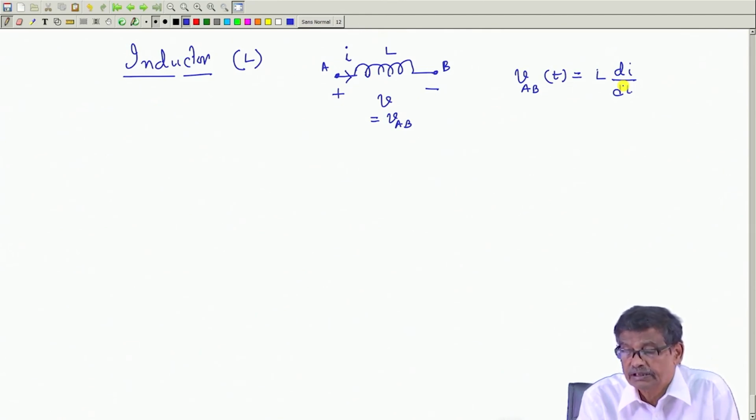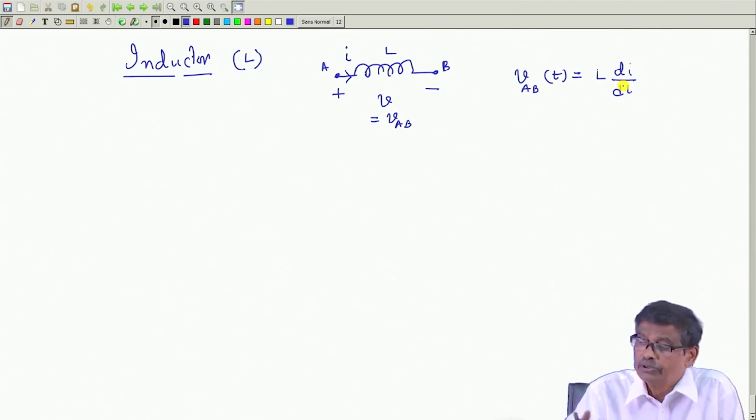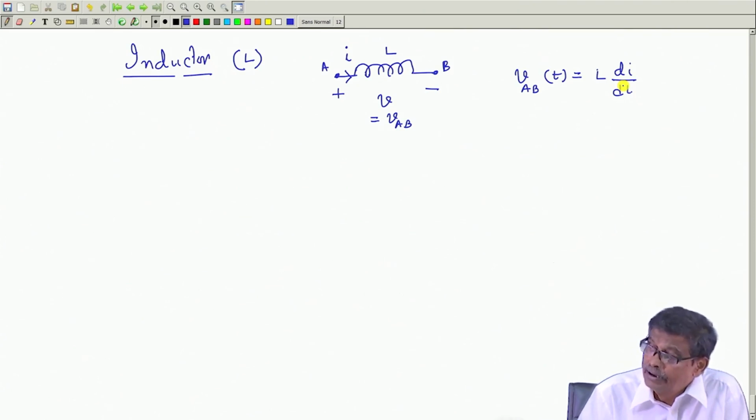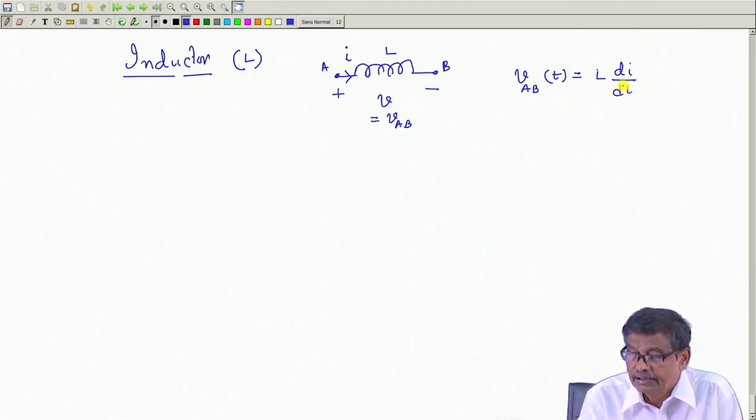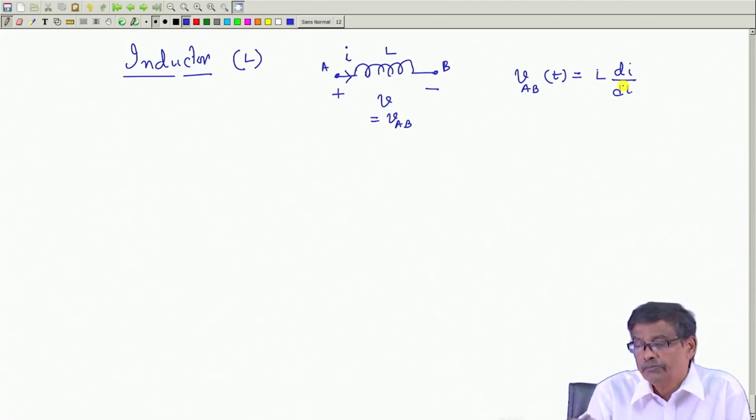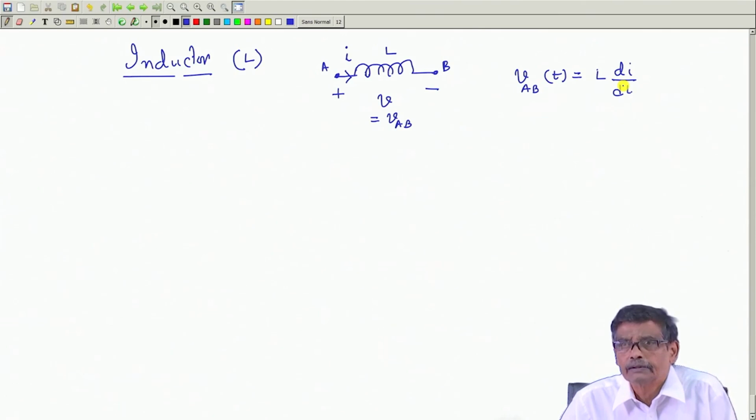Or if this is plus minus, we are assuming two things. One is direction of the current I have assumed, and di/dt is positive. That is why this is the convention I will be following, and everybody follows that.